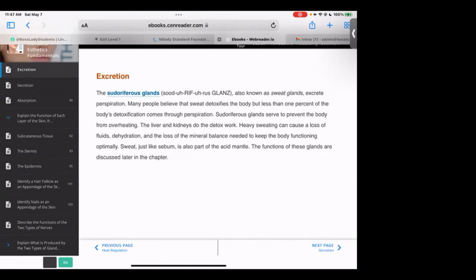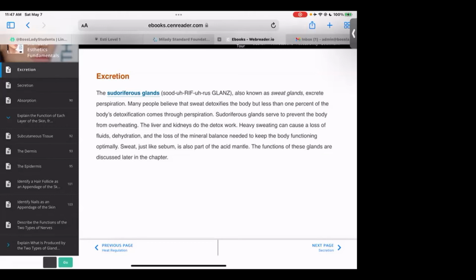So the sudoriferous glands are sweat glands. If you're not comfortable with the word sudoriferous, write it down. It's important. It's going to be on your state board. The sudoriferous glands are sweat glands. They make up part of the acid mantle. If you are losing a lot of water and minerals through perspiration, sweat, then that can cause loss of fluid, transepidermal water loss.